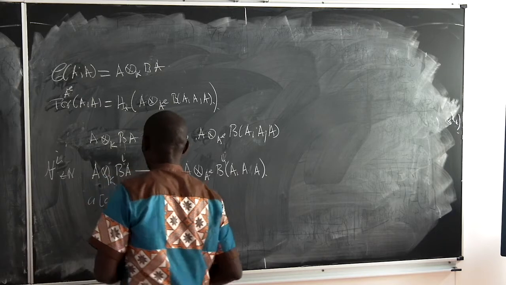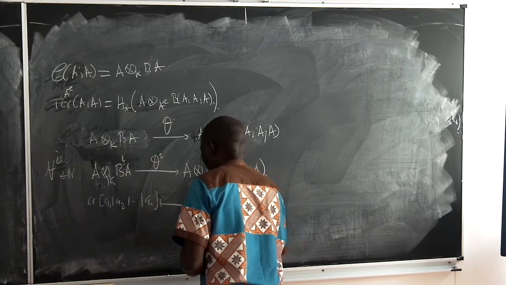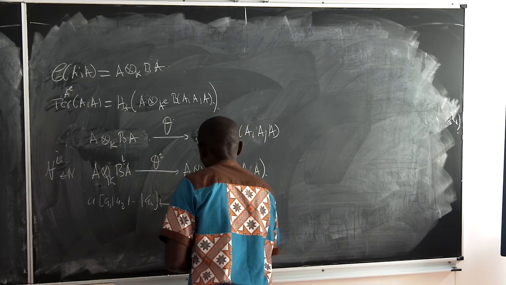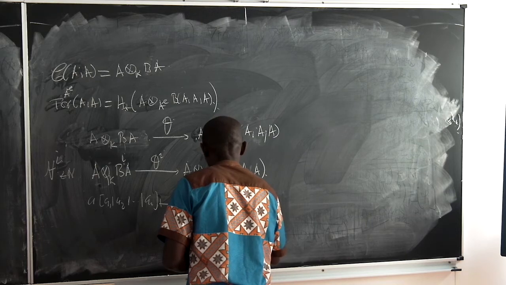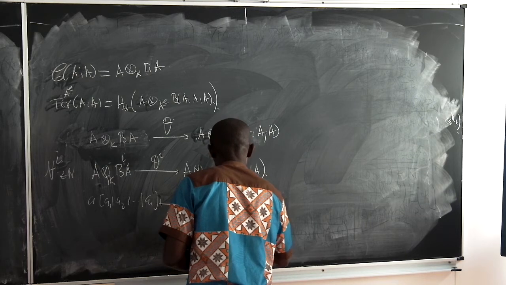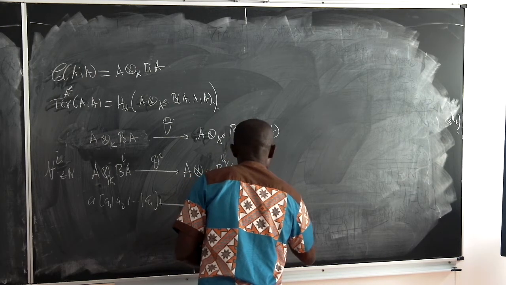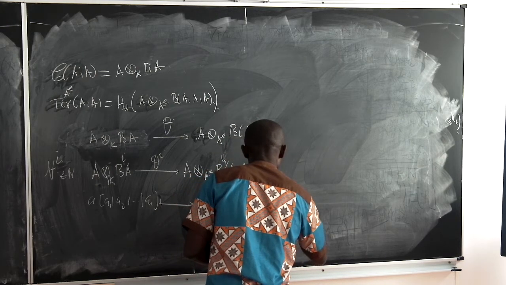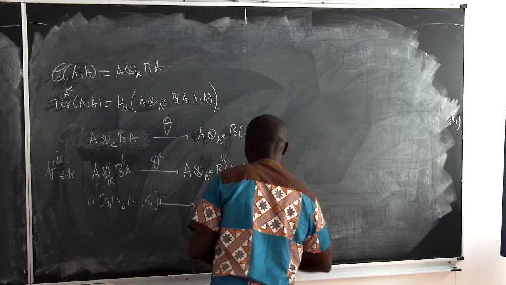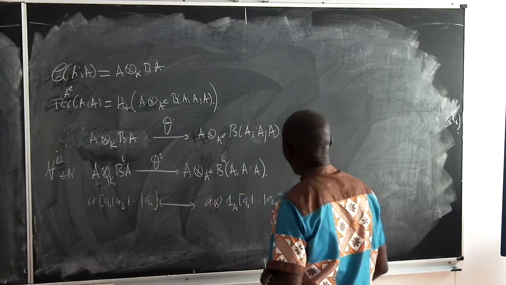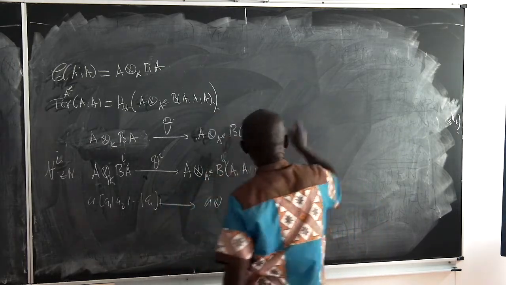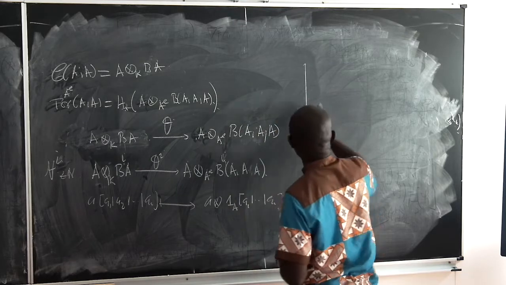We send it to A tensor 1, A, A1, AI. And this map here is a bijection which the inverse is defined like this.